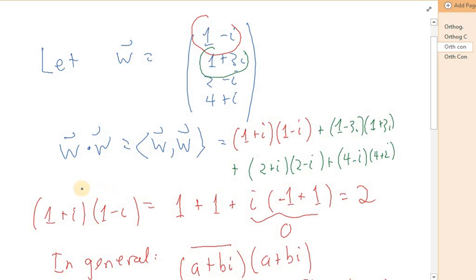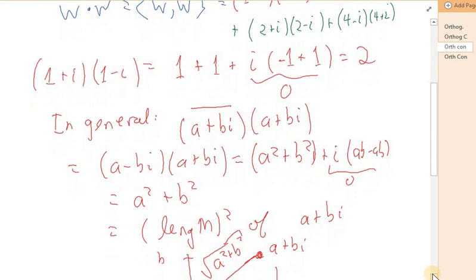Then let's take the outside term. The outside term is 1 times minus i, so I'm going to write that as minus i. Then inside is 1 times i, that gives me plus i. All right. So that's going to give me the final result, 2. Now that's a real number. Really nice. So in general, you will get this same kind of phenomenon.